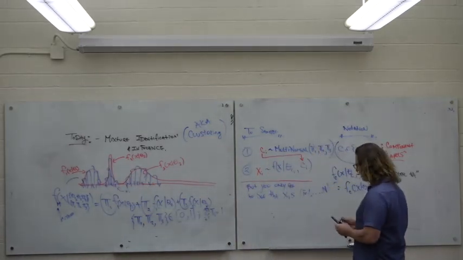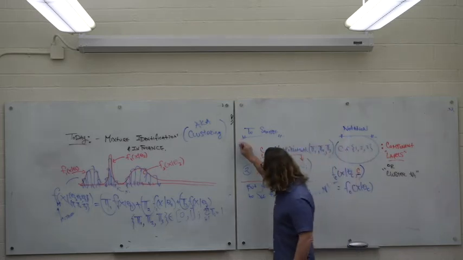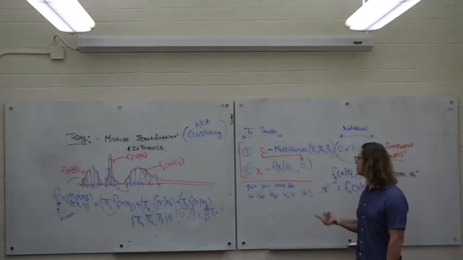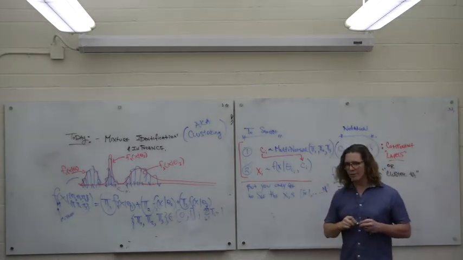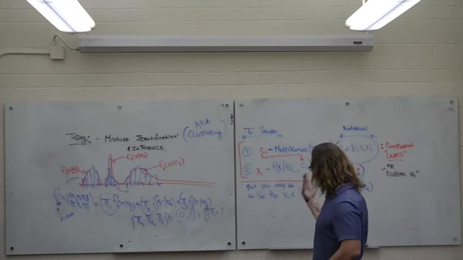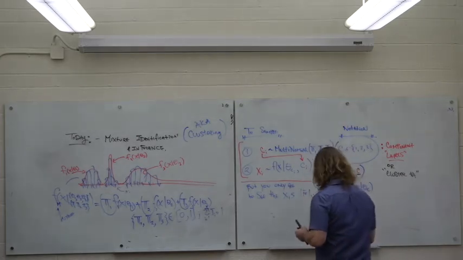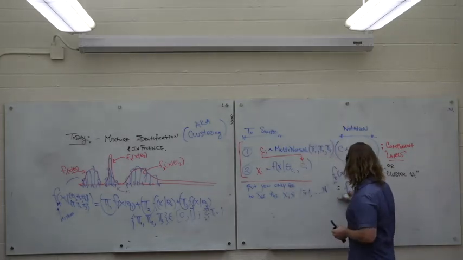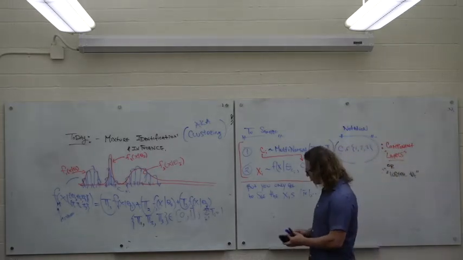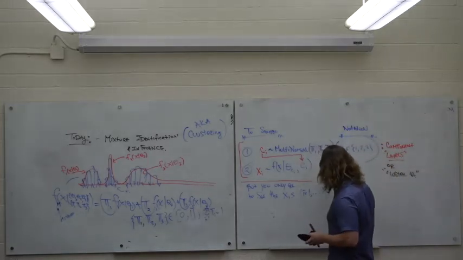So 2 steps to sample, and that's what our code does. It flips a coin, 3-sided coin in our case, and then samples from the relative component. So a pretty straightforward thing, and that is a distribution. So just key point.